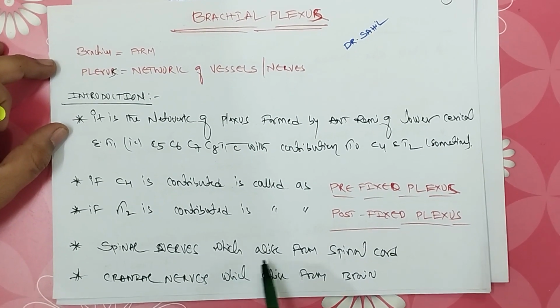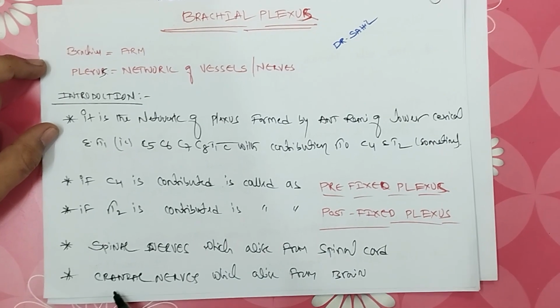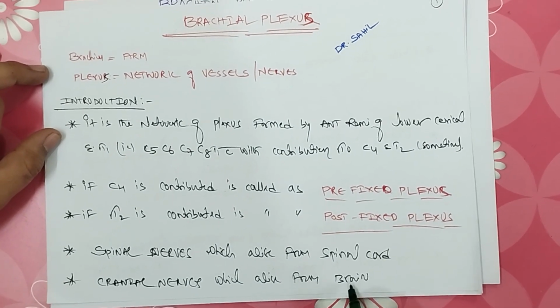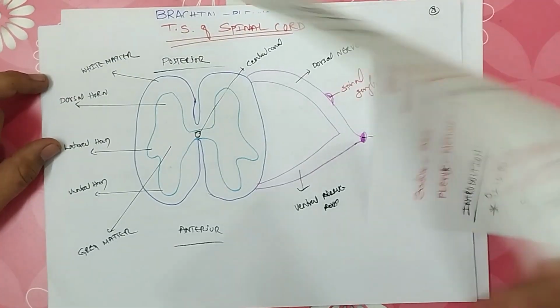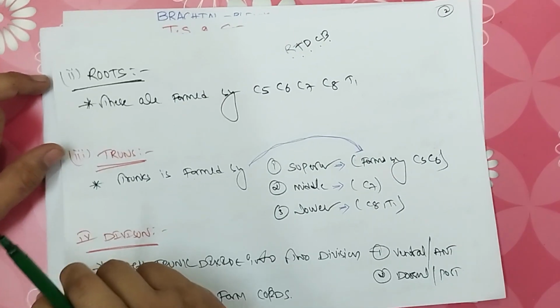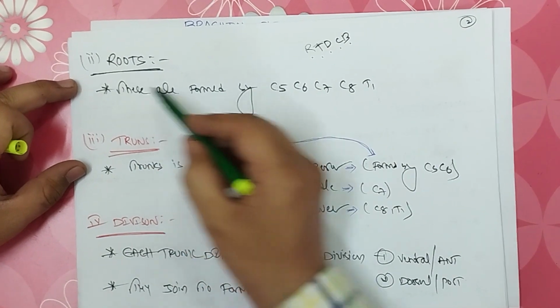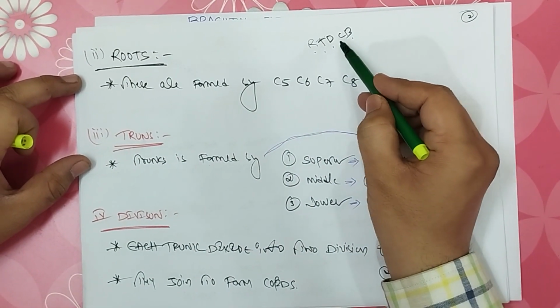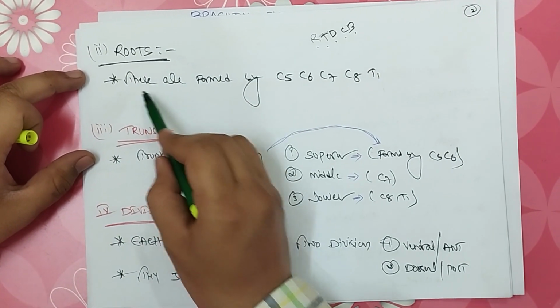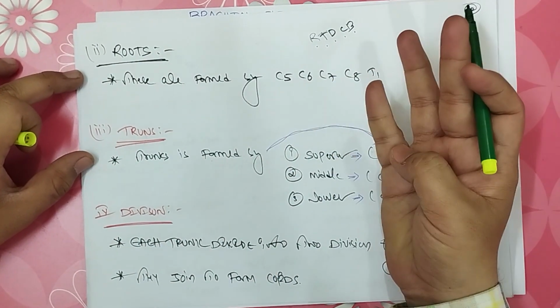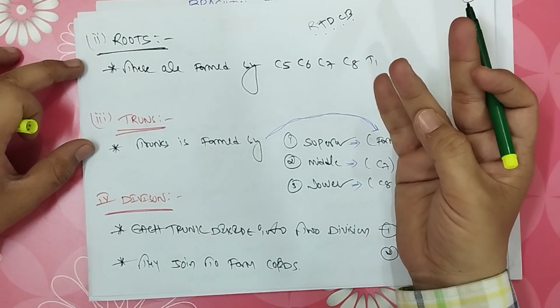Spinal nerves arise from the spinal cord, cranial nerves arise from the brain. Roots: I have explained how to remember RTDCB. Roots are formed by C5, C6, C7, C8 and T1.